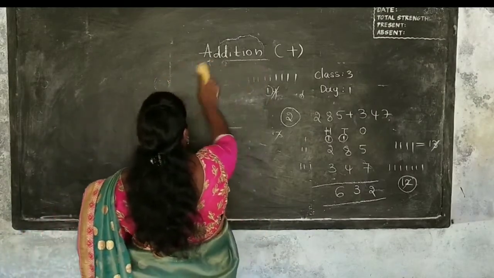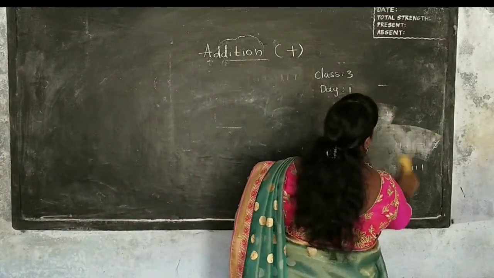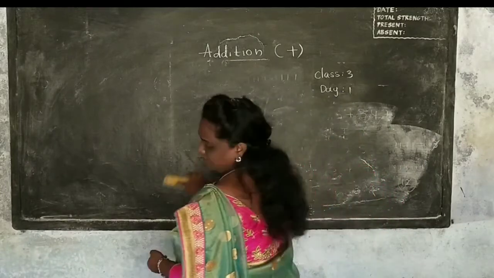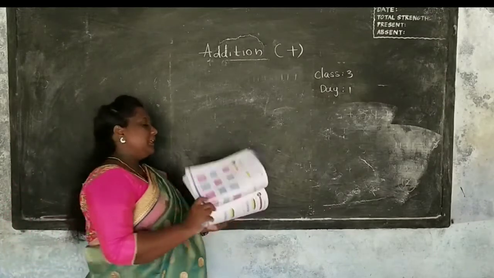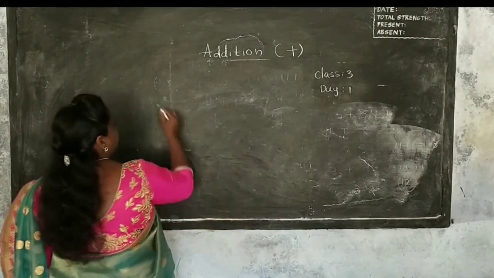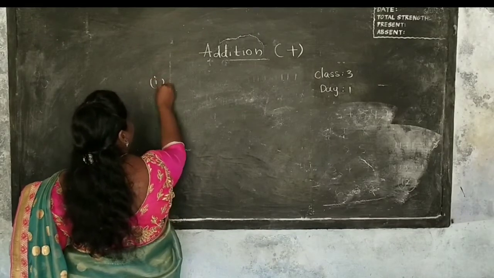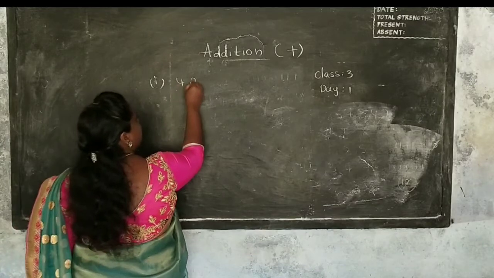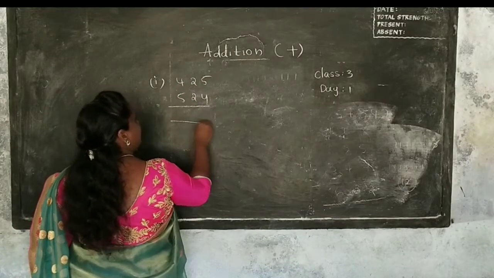Okay. Now I will give some problems. Do it in homework. It's clear? Come on, say loudly. Yes. I will give 5 problems, beta. Do it. Copy it with me in your homework book and do it. This is 1.